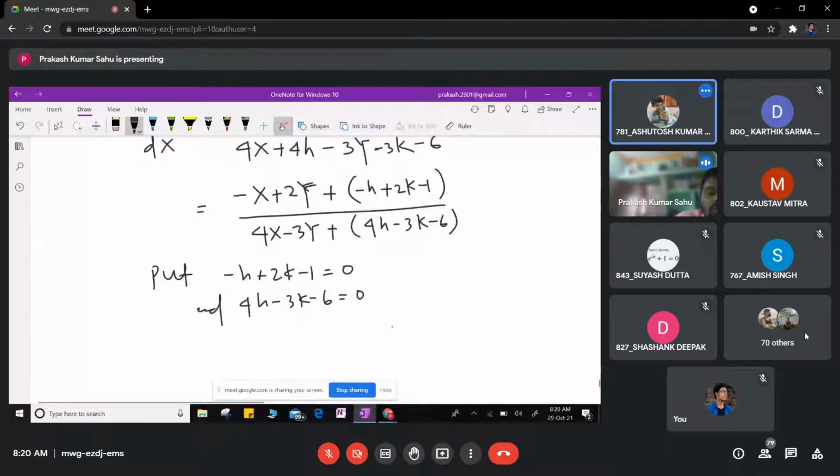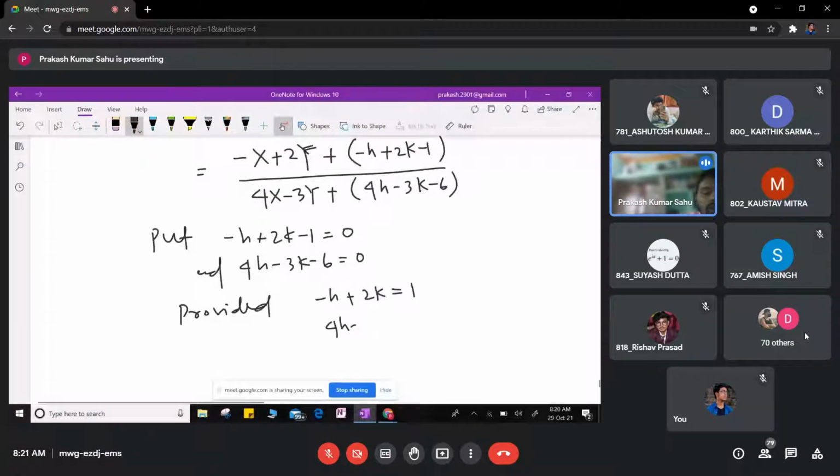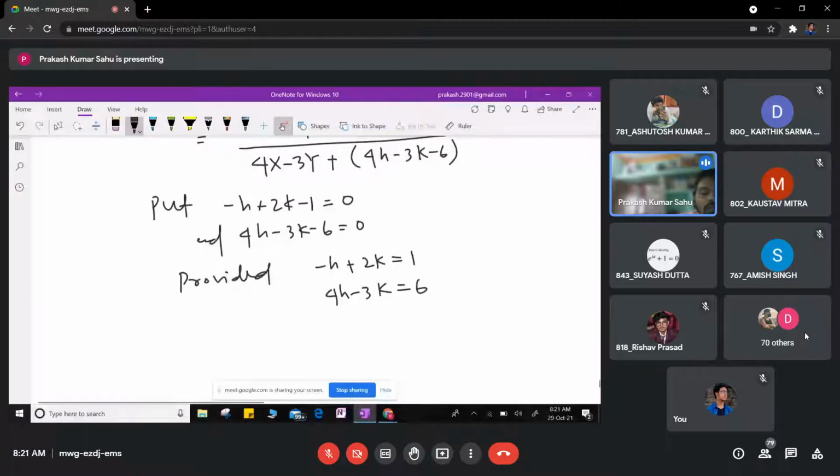Okay, provided minus h plus 2k is equal to 1 and 4h minus 3k is equal to 6. So you can apply the Cramer's rule easily. So what is the value of h? Your h is equal to क्या होगा?